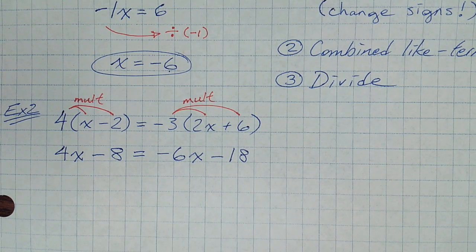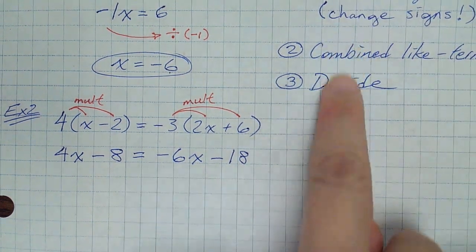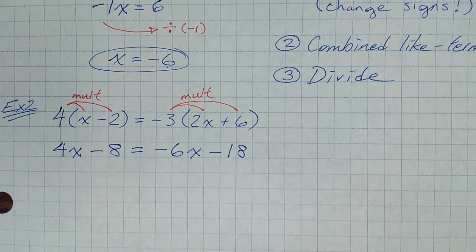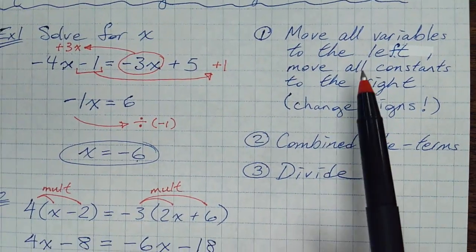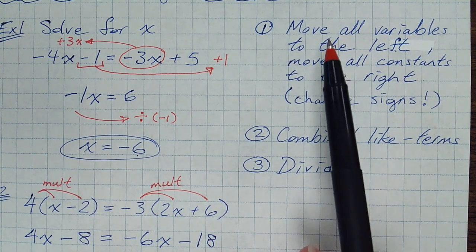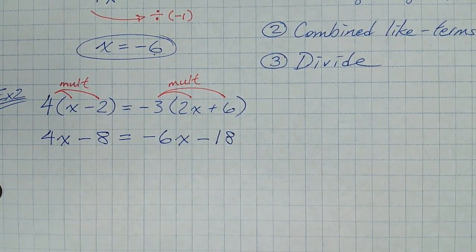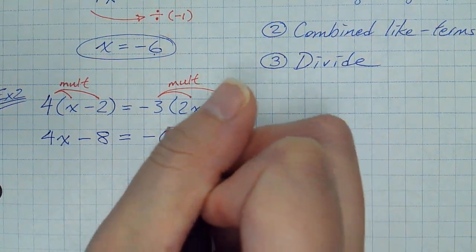Okay. So now if you look at this, isn't this just like example 1 now? Yeah, it's exactly like example 1. I can do my 3 steps. What should I move to the left side? Logan, I want to move all my variable terms to the left. So what should I move to the left? Negative 6x.